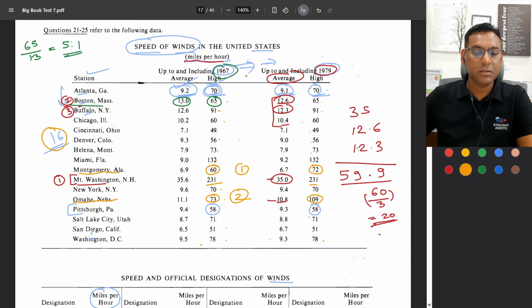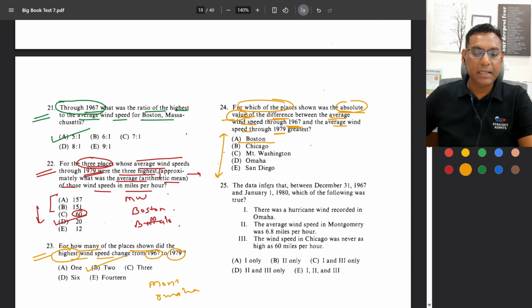Go to Boston, the first city station, and find the absolute value of the difference between these two averages. Then what was the difference in the second city? The third city? Like that, find out, and then what was the greatest difference? That's what they're asking.